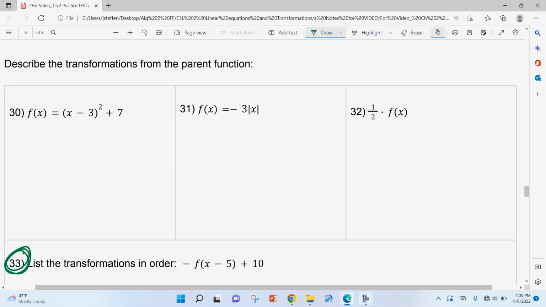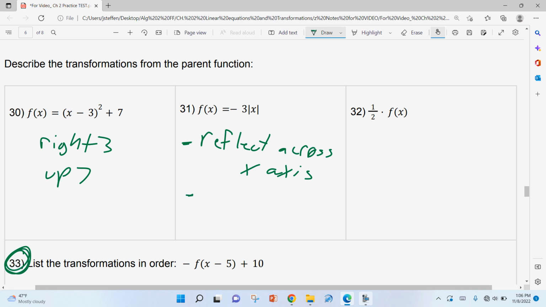Technically, you start with the inside of the parentheses first and work your way to the outside. So technically, you should say to the right 3 and then up 7. This one doesn't matter the order at all. And again, these first 3 don't anyways because I didn't mention it. But the negative means it's reflected across the x-axis.